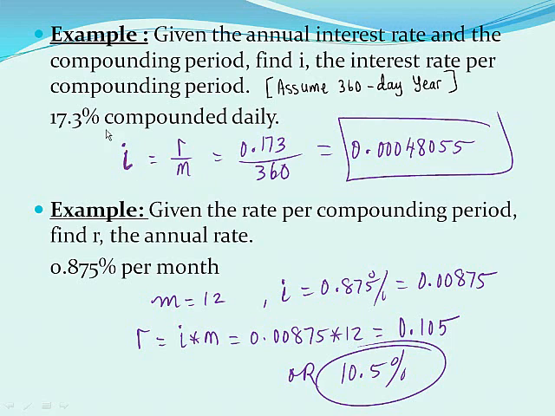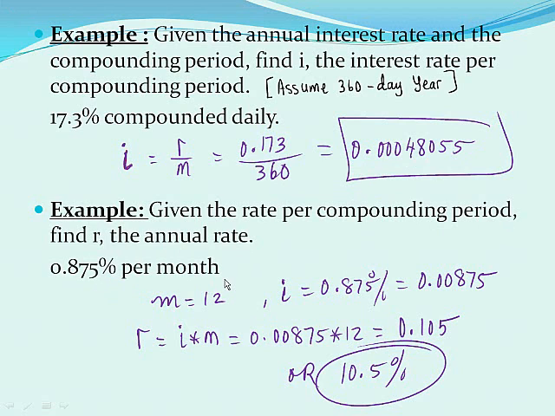So R converted as a decimal will be 0.173 divided by 360, getting the I value as 0.00048055.